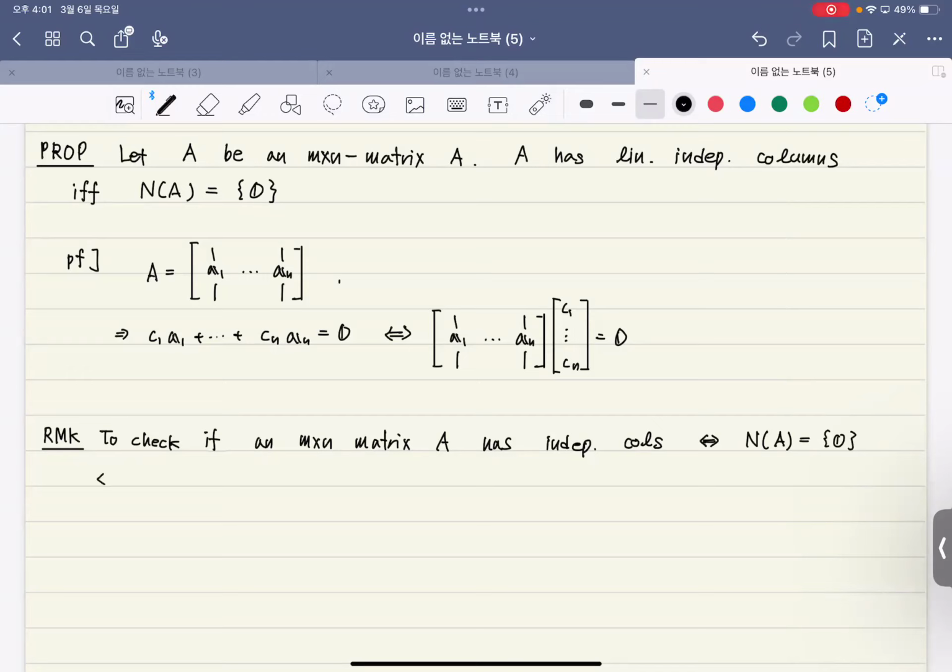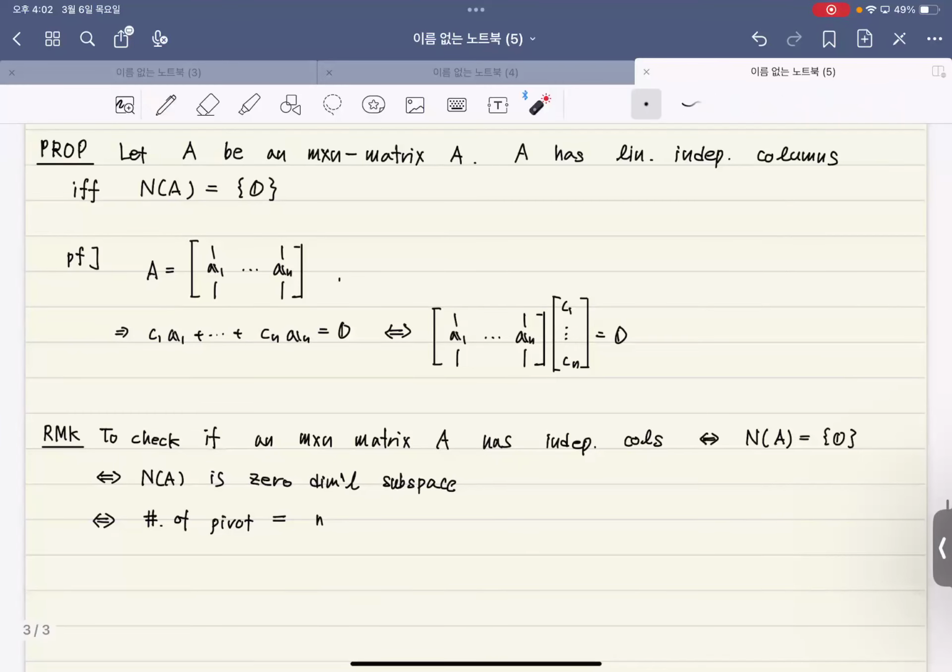And this is again equivalent to N(A) being a zero-dimensional subspace. Then N(A) being zero-dimensional means the number of pivots is the same as the number of columns of A, which is n, right?